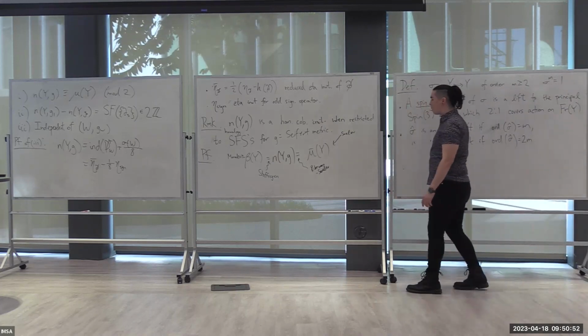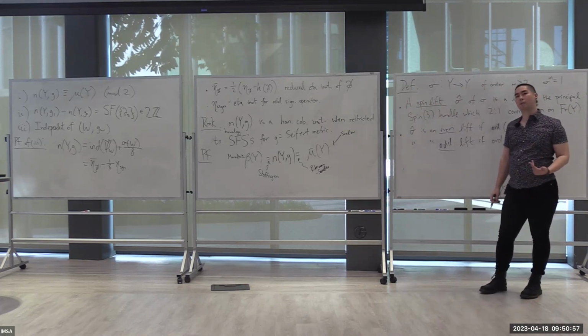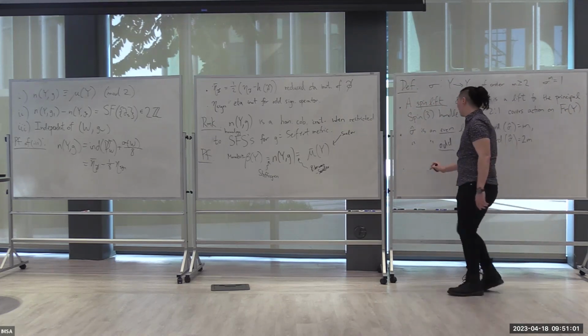Basically, we want to talk about cyclic group actions on homology spheres and remember this information about the spin lift.